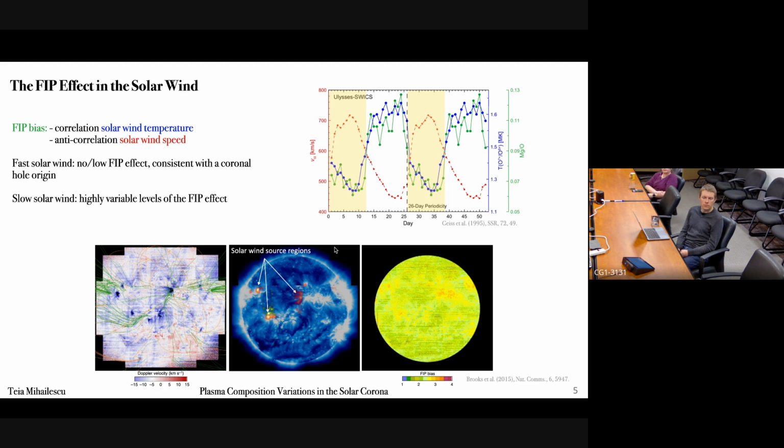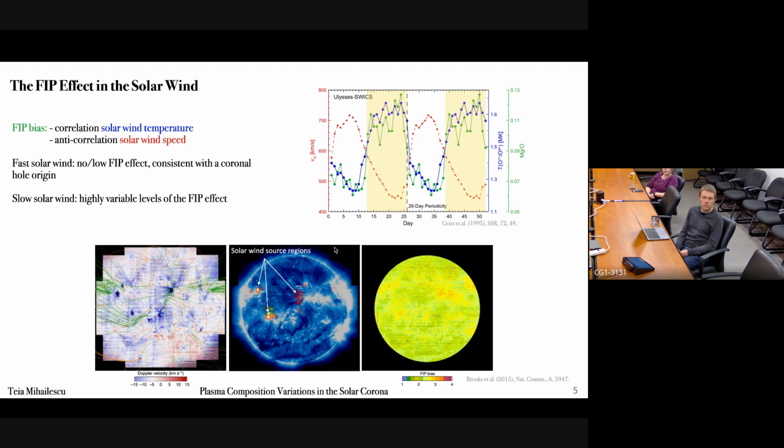In the regions that have a high speed, so we're looking at the fast solar wind, we see low or no FIP effect and lower temperatures. But if we go to regions that have slower speeds, so we're looking at the slow solar wind, these have much higher FIP bias values and higher temperatures.